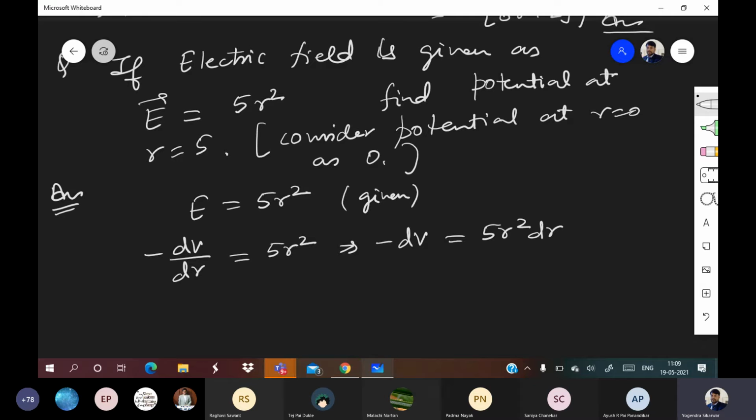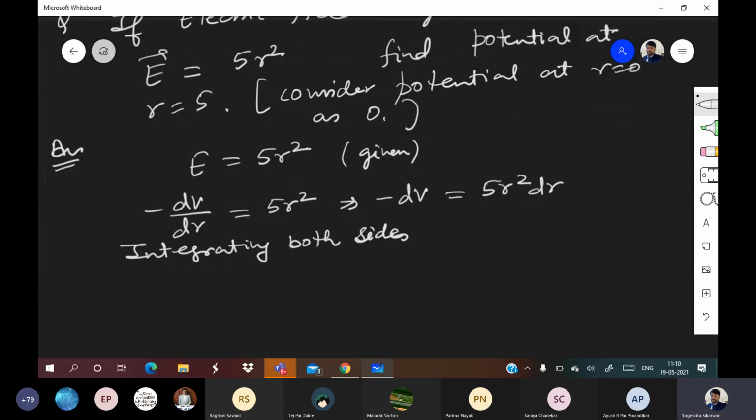Okay, integrating both sides. So what you can observe, minus is outside, integration dV is equal to 5 is constant, integration r square dr. Now your r is changing from 0 to 5.